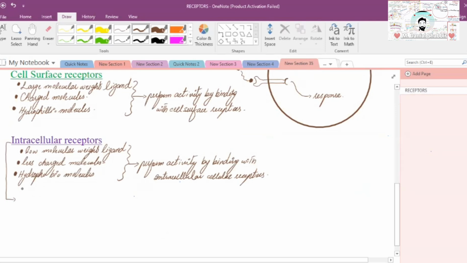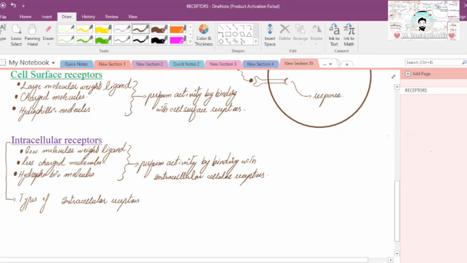Types of intracellular receptors. What is meant by this intracellular?